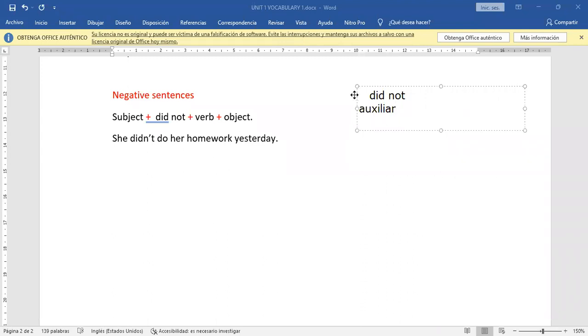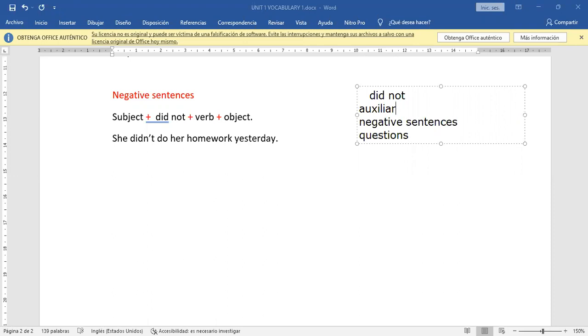We are using did as an auxiliary for negative sentences and for questions.